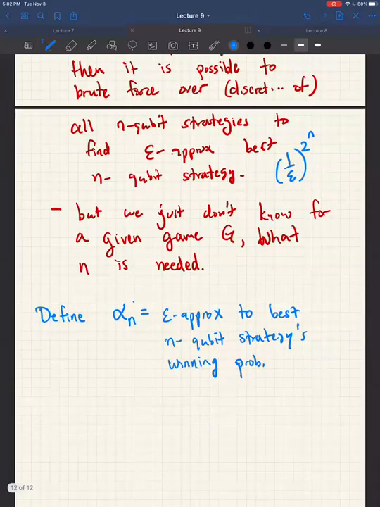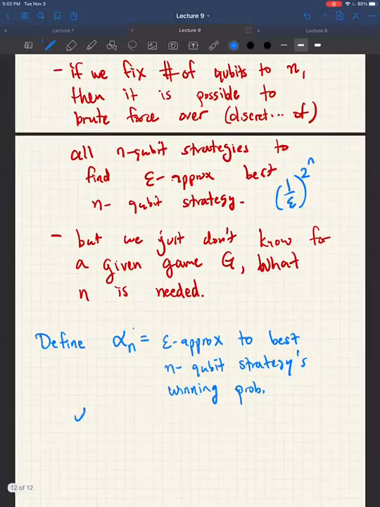And I just claimed that alpha n is computable. So if I told you what n is, you can definitely compute it. It'll take you an ungodly amount of time, but at least there's some algorithm to do it.